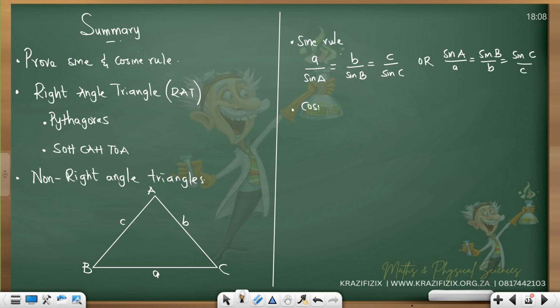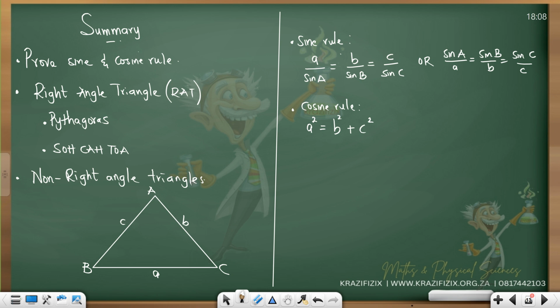Then we move to cosine rule. I know the formula looks weird, but we're going to get used to it. a squared will be equal to, I'm going to deal with the other 2 sides, b squared plus c squared. Now what do you notice? That's almost about Pythagoras.